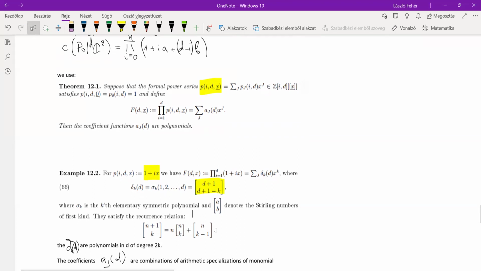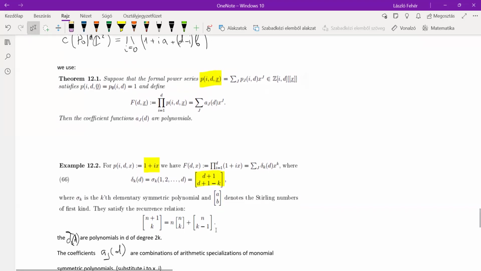So basically, what I like to suggest is that we take these Stirling numbers as atoms or basic blocks and just introduce this notation, and I'm interested in formulas in which I can use the Stirling numbers. It turns out that these coefficients in the theorem, which we claim are polynomials, are combinations of arithmetic specializations of monomial symmetric polynomials.